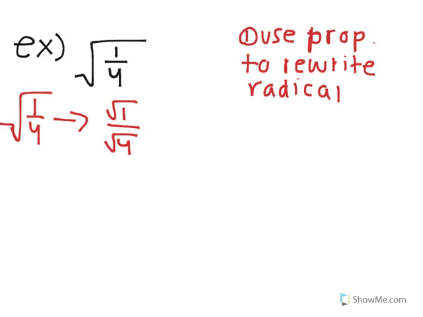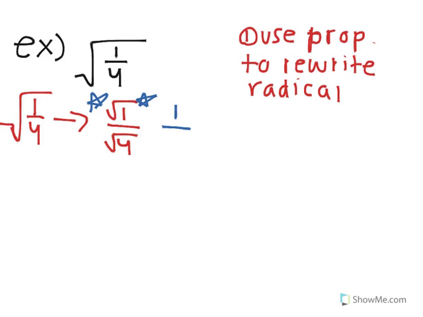One thing you do have to memorize is that the square root of 1 is 1, so that's a 1 on top. That's one you have to memorize because the prime factorization rule doesn't work too well with a 1. Just know that the square root of 1, or the cube root of 1, anything with just a 1 under the radical, is going to be 1. That's just something you've got to know.